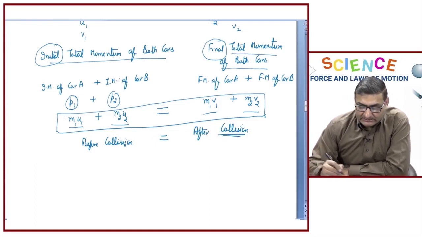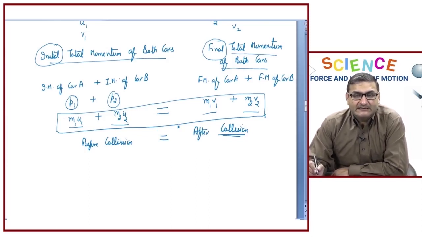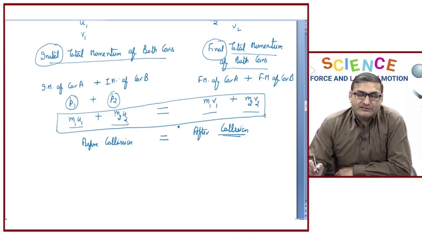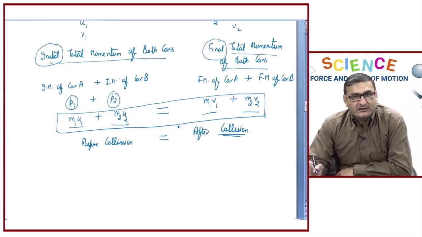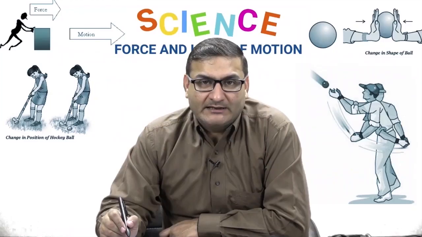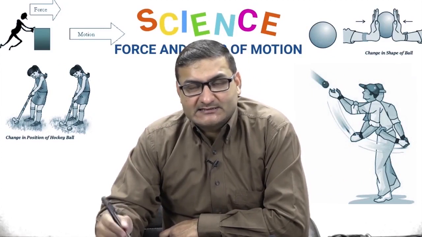And because these two momentums are the same, we can say that there was no change in momentum, or in other words, the total momentum remains conserved. This is the law of conservation of momentum that we have seen through this animated video and through this example also.